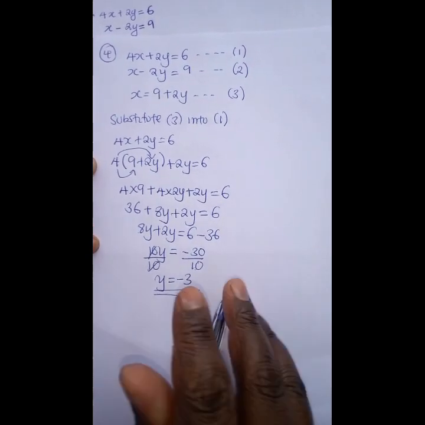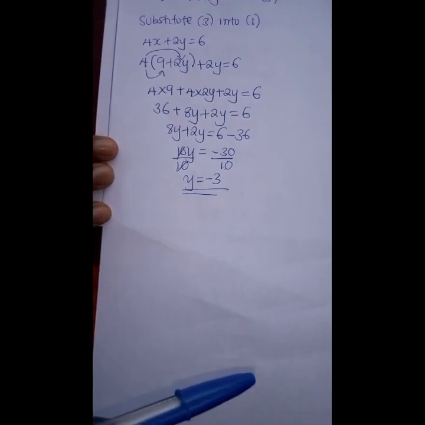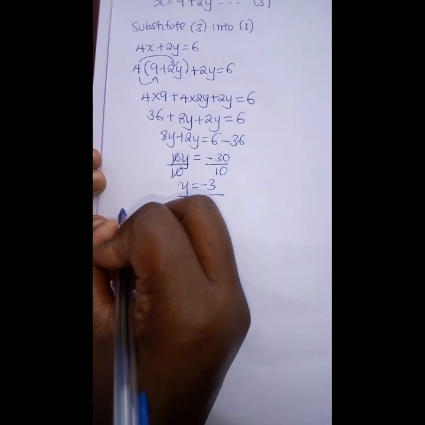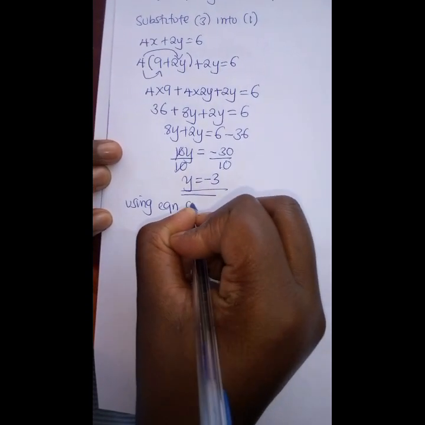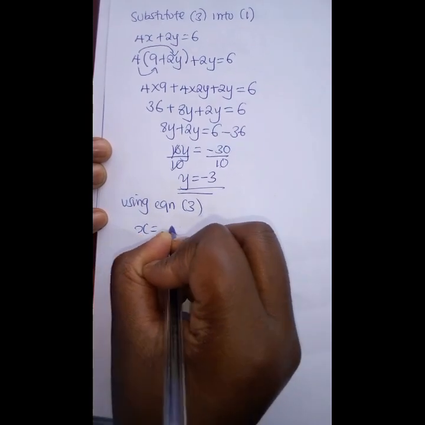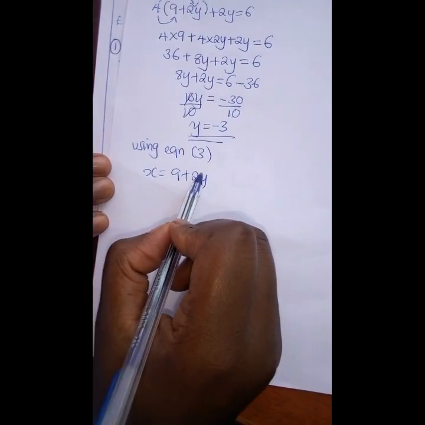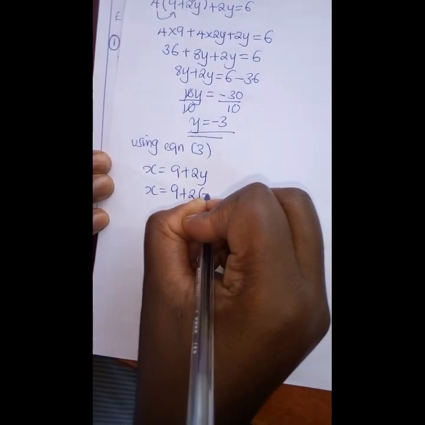Then now you use equation 3 or any of the equations to find the value of x. But since x is already the subject of the formula here, I'll use equation 3 to find x. Using equation 3, x is equal to 9 plus 2y. So where there is y, I'll put negative 3. So x is equal to 9 plus 2 by negative 3.